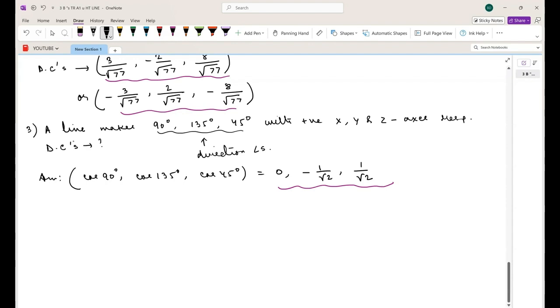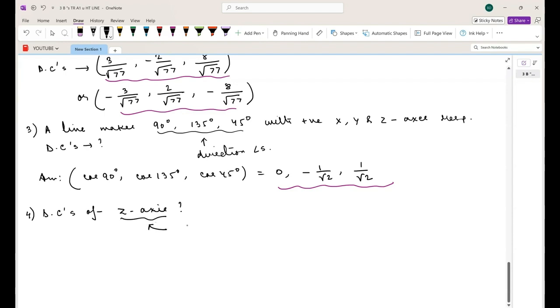Sometimes you get short questions like this. What are the DCs of, say, the z-axis? Now the z-axis, what are its direction angles?